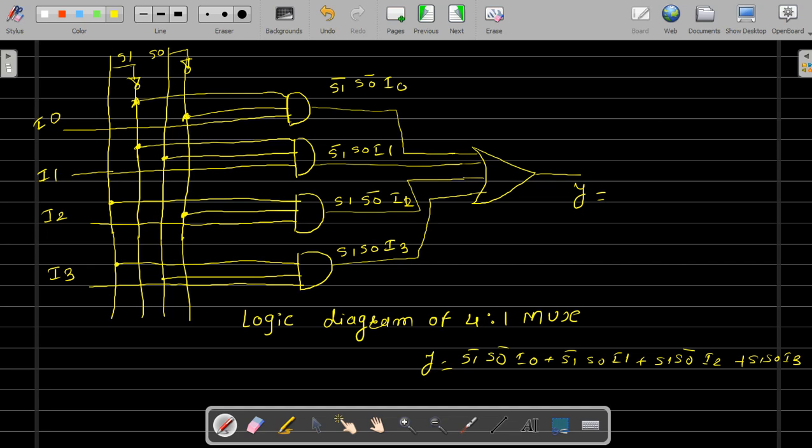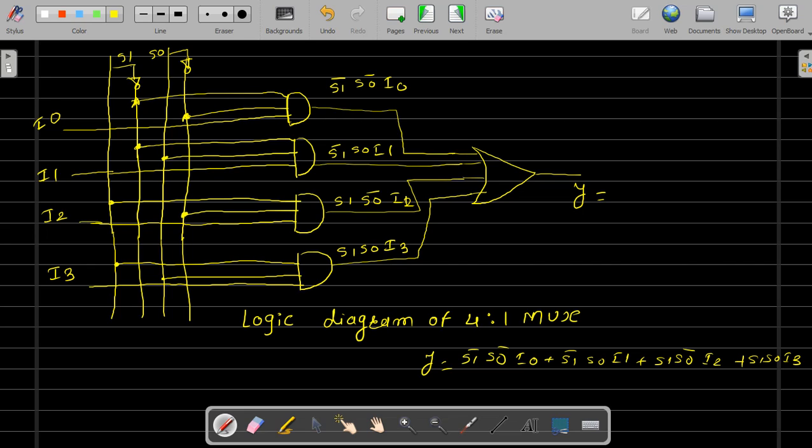In the same way you can see S1 bar S0 I1, then the third, S1 S0 bar I2, and the fourth, S1 S0 I3. All these minterms get added with the OR gate and the resultant output is this. This is a basic 4:1 mux. You can try the 8:1 mux or 2:1 mux as homework. Hope you have understood this.